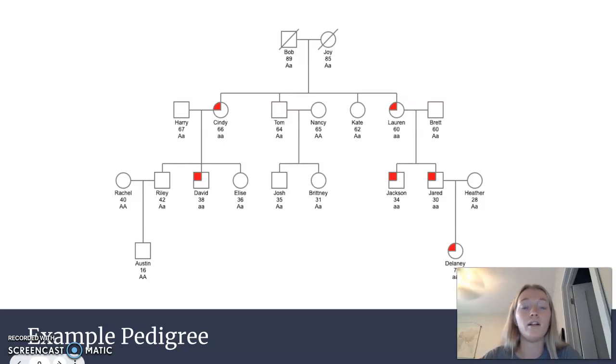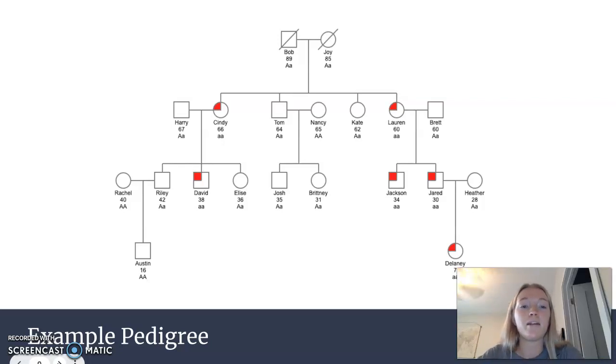They won't show any of the signs or symptoms, but they can have children that do have the disease. So in this case, Bob and Joy do not have it, but they must be carriers, which is depicted by the heterozygous big A, little a. And then, for example, here we have Cindy and Lauren that did inherit the disease, and they are little a, little a.